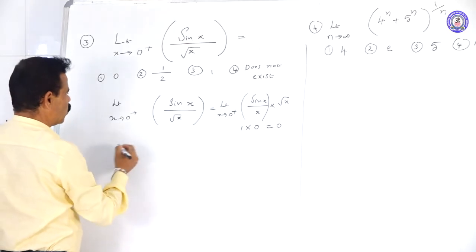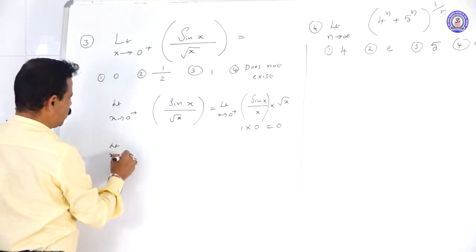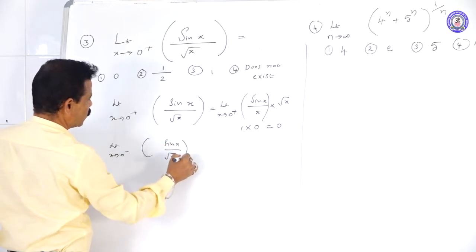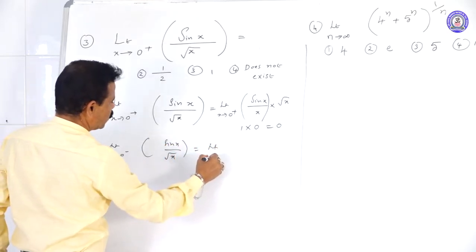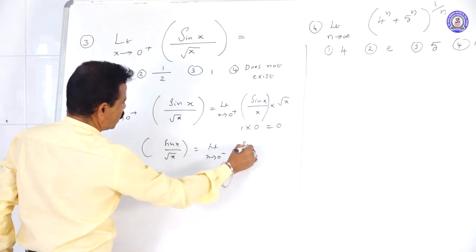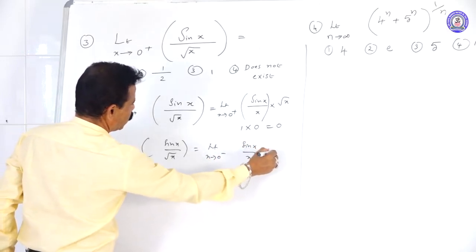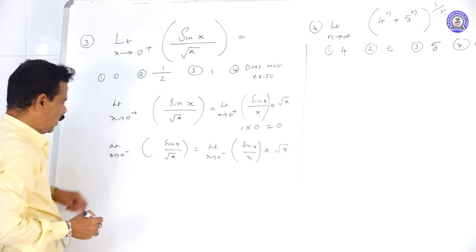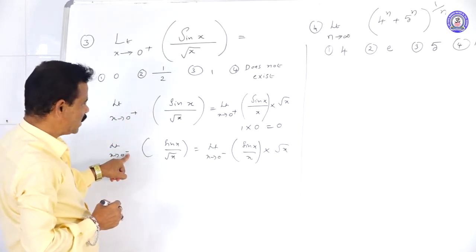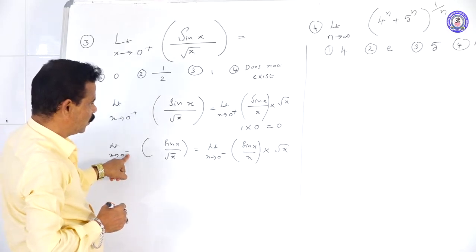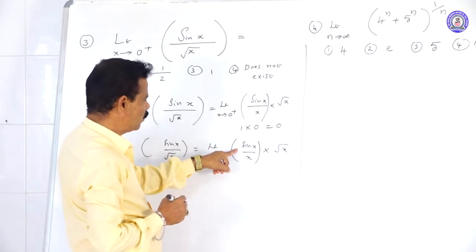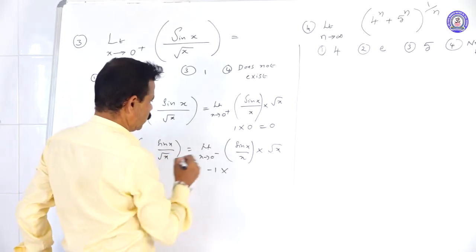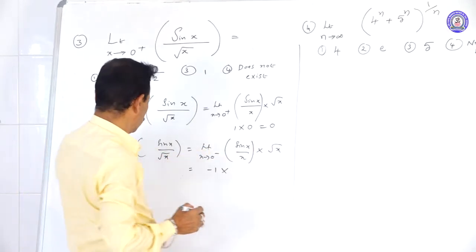If negative, limit x tends to 0 minus of sin x by root x is equal to limit x tends to 0 minus of sin x by x into root x. Here x tends to 0 minus, so this is minus 1, this is 0.